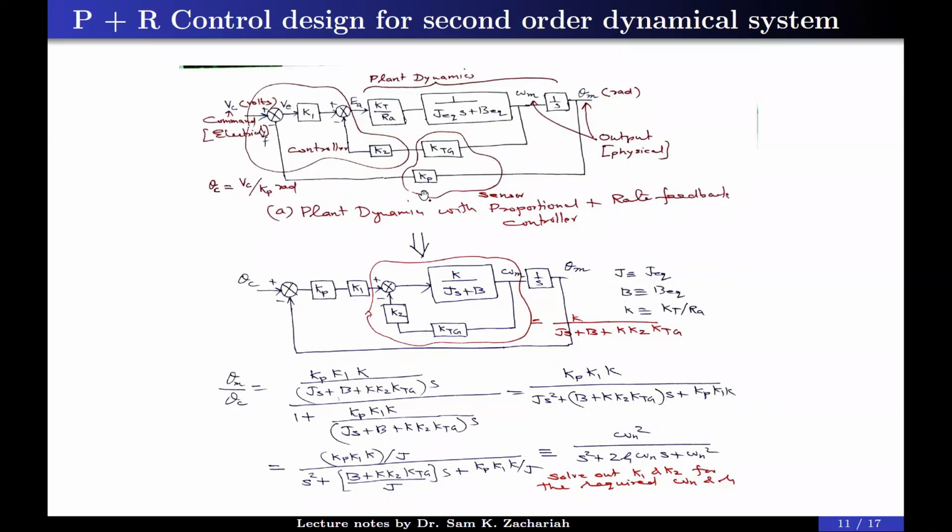Thus, we have completed the linear system simulation part, linear system design and linear system simulation. So this is the fundamental block of any control system compensation concept.